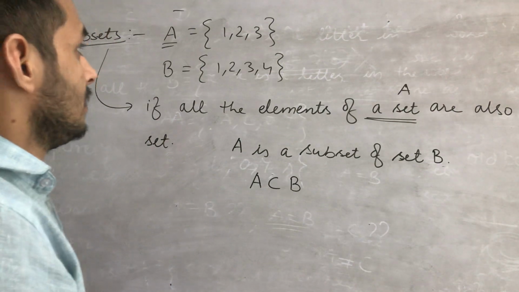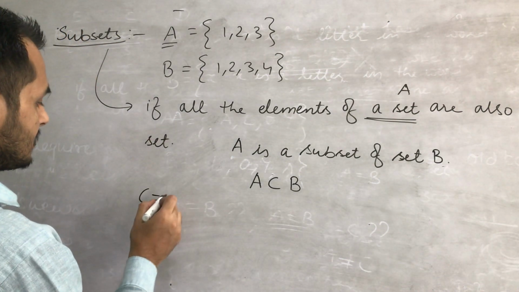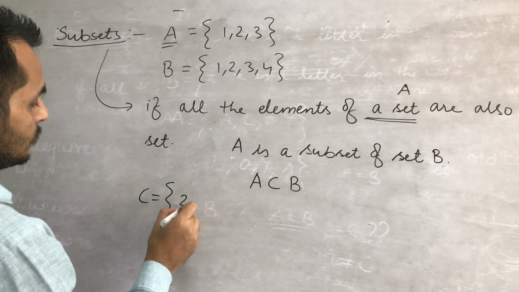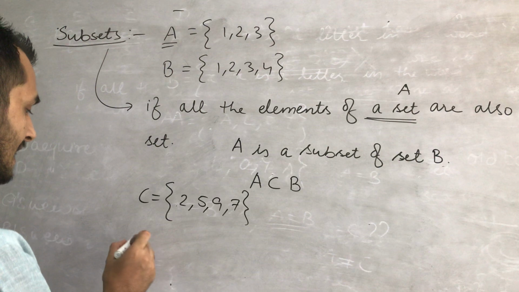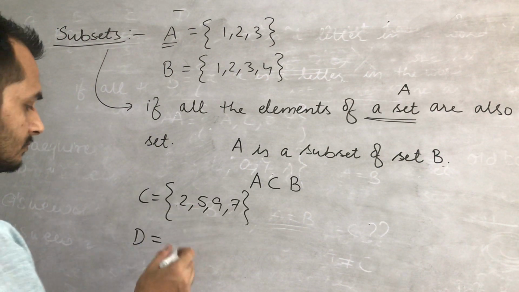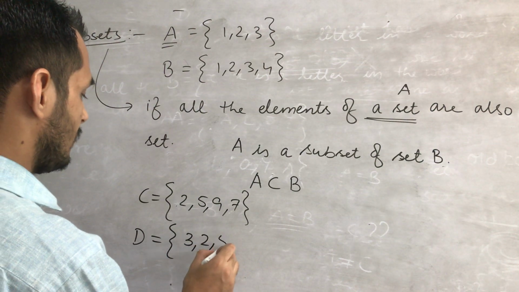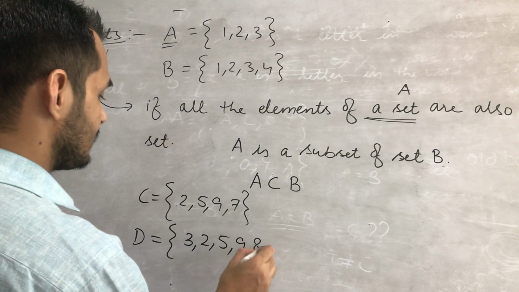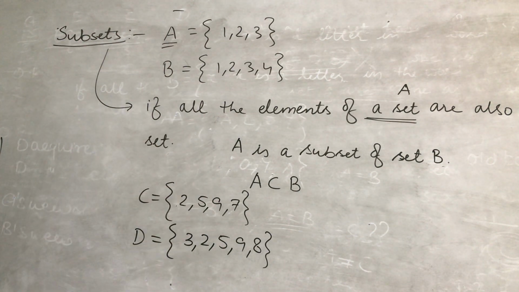Let's take another example. Say set C equals 2, 5, 9, 7 and set D equals 3, 2, 5, 9, 8. Now, as per our definition, can we say that C is a subset of D?